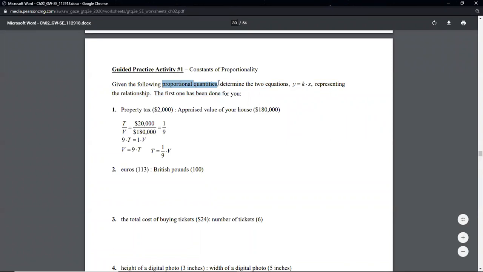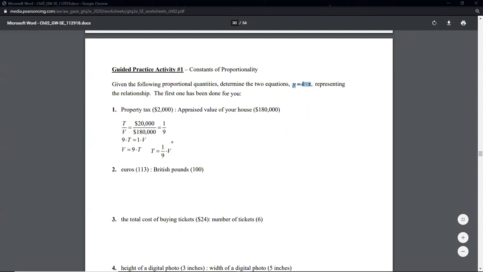That's the real world issue. Determine the two equations, y equals k times x, representing the relationship. The first one has been done for you. So number one has been done. This is going off of the very last thing I did in our notes, where you write your fraction and then one of the scenarios, and then you cross multiply and solve for one of the variables.